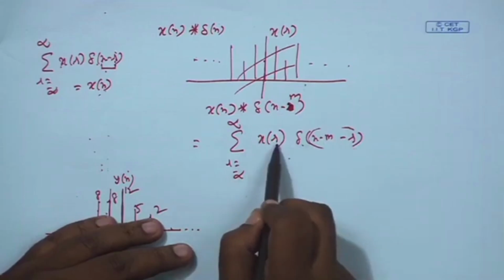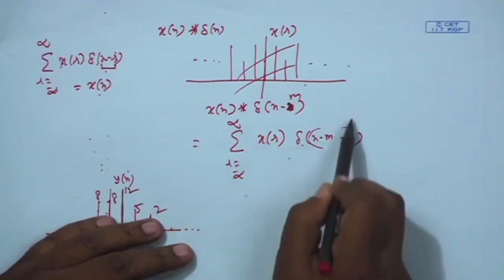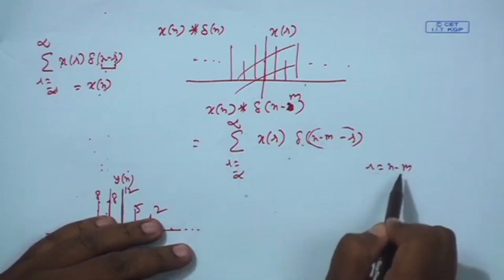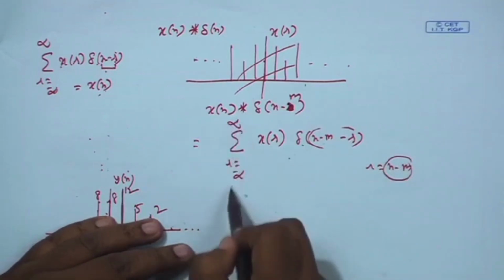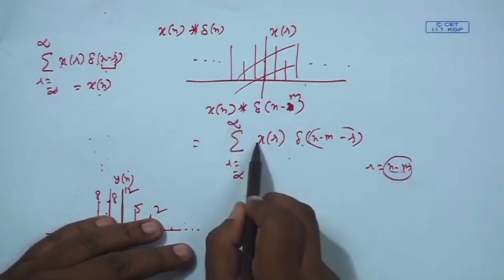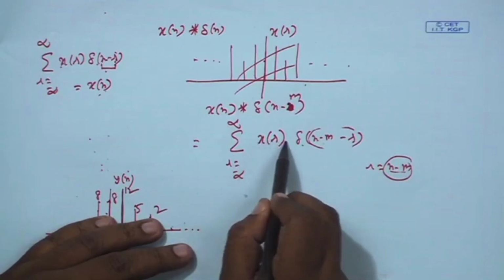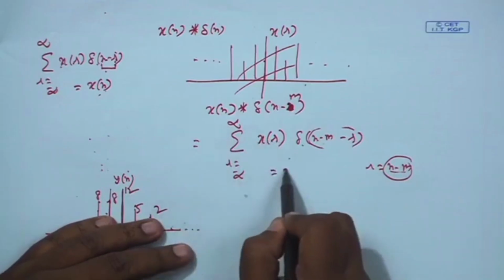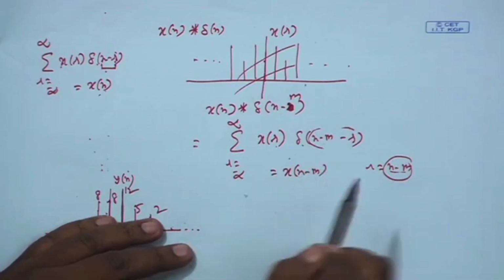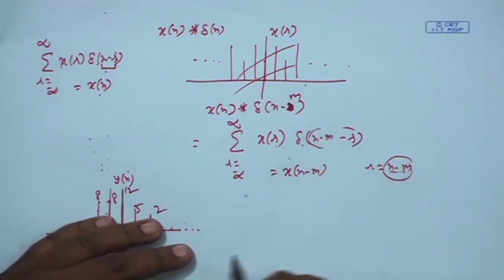So that x goes out, that into 1. For any other r, delta will be 0. So r equal to n minus m, when r takes that value while moving in this range from minus infinity to infinity, you have got x[n minus m] that goes out, that into 1, and all other values are 0.